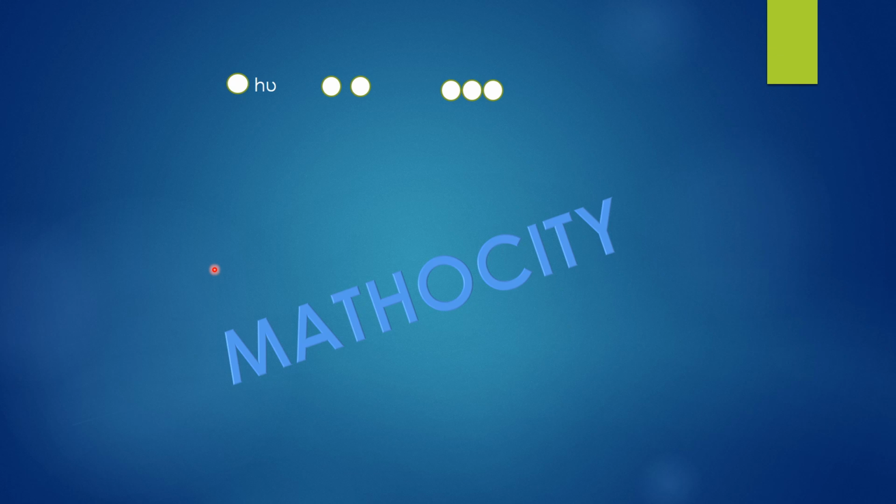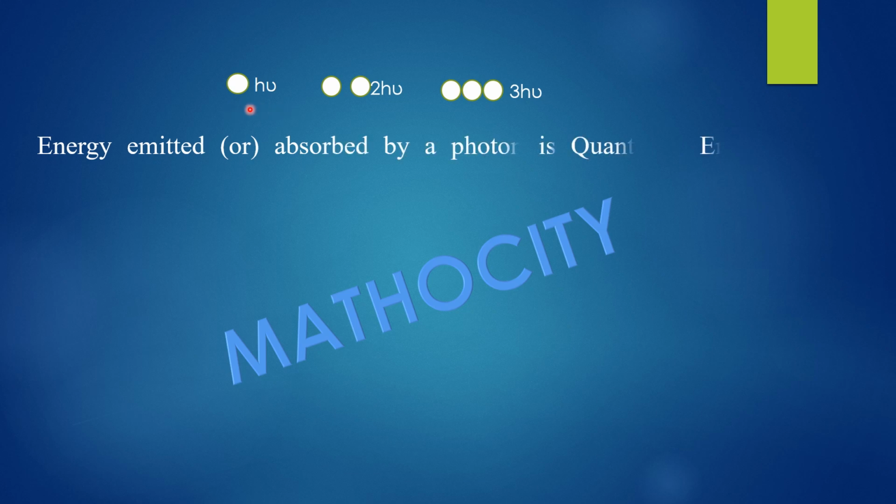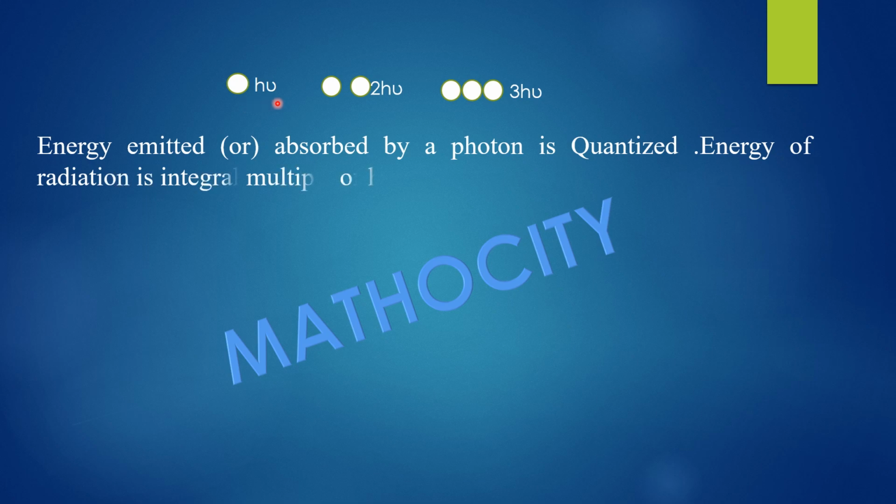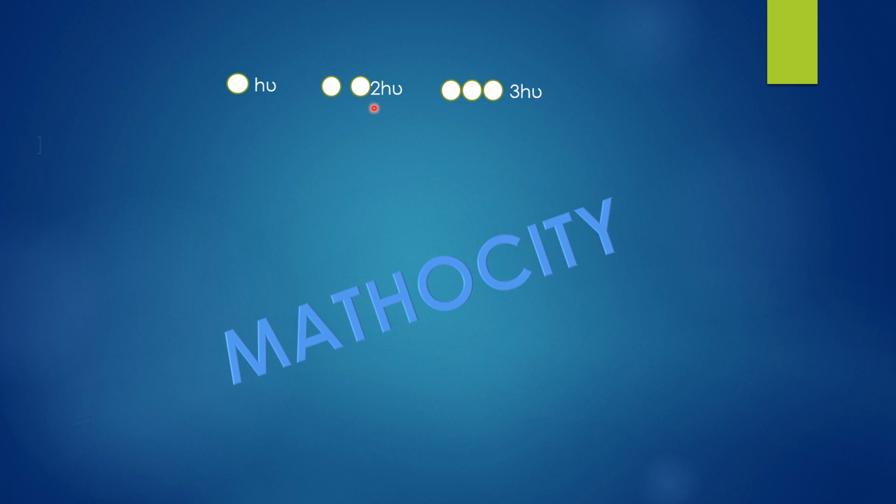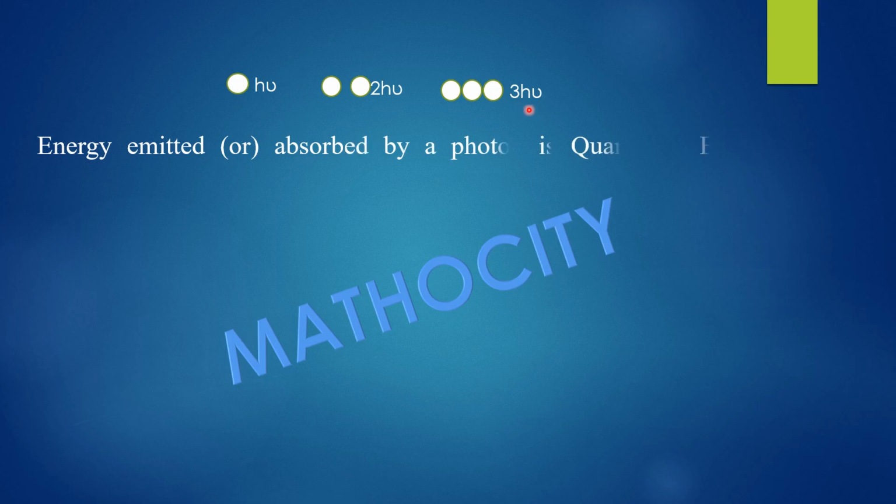Let us assume one photon is there. Each photon is associated with a certain amount of energy known as a quantum. So one photon has a quantum of energy equal to h mu, two photons have a quantum of energy 2 h mu, and three photons have a quantum of energy equal to 3 h mu.